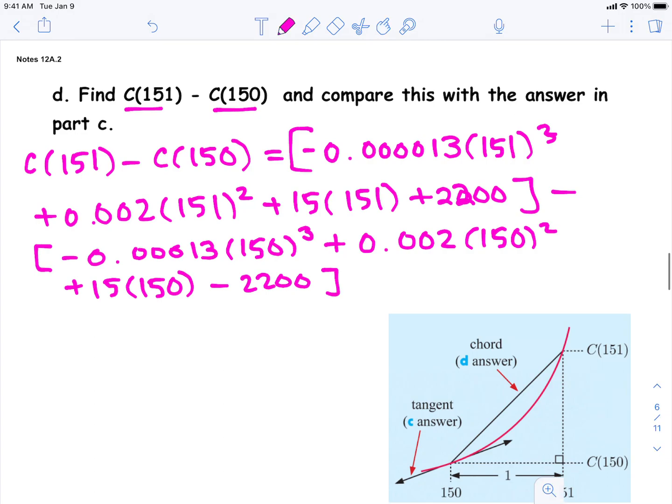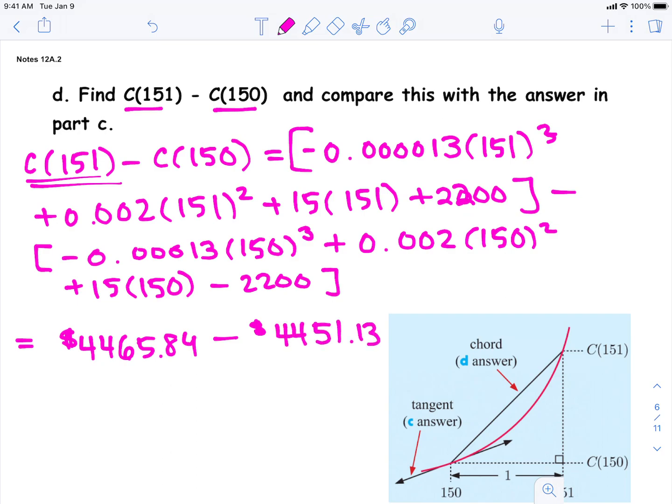And the two values you get, the first is 44,654, so that's the cost of 151, minus the cost of 150, which is 44,451.3.